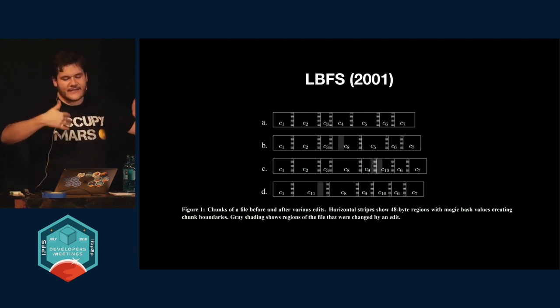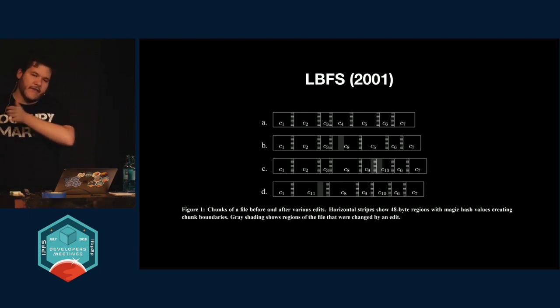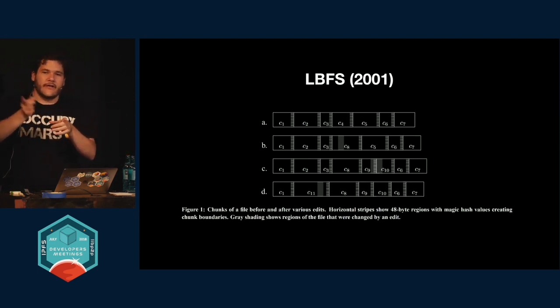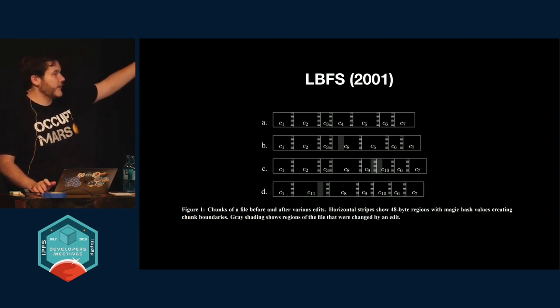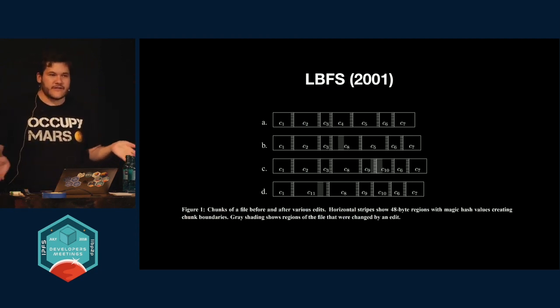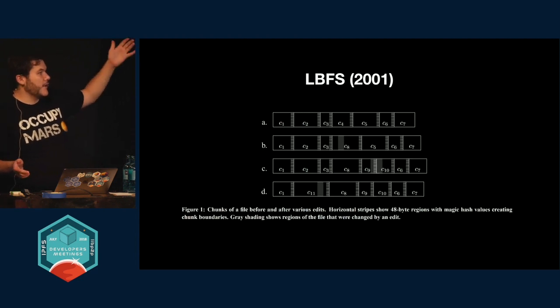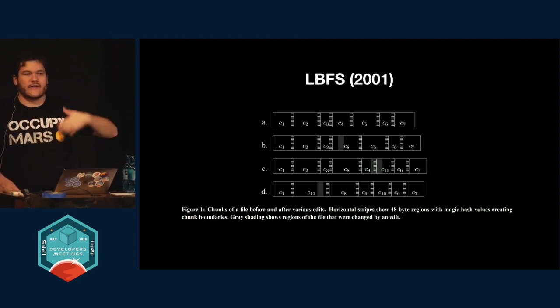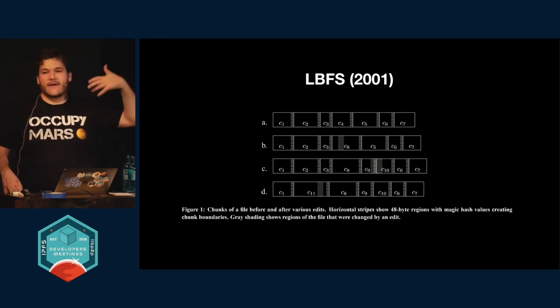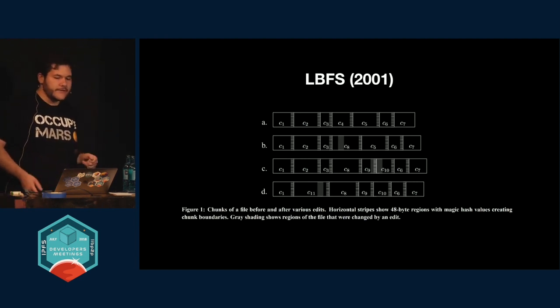But there are specific kinds of rolling hash functions that when you apply to a file start yielding certain numbers, and you can come up with an algorithm to choose chunks such that if you were to insert something into C3, maybe C3 changes, maybe C4 changes, but a large subset of the rest of the file would be chunked exactly the same way, so that you get the same kind of nice properties.